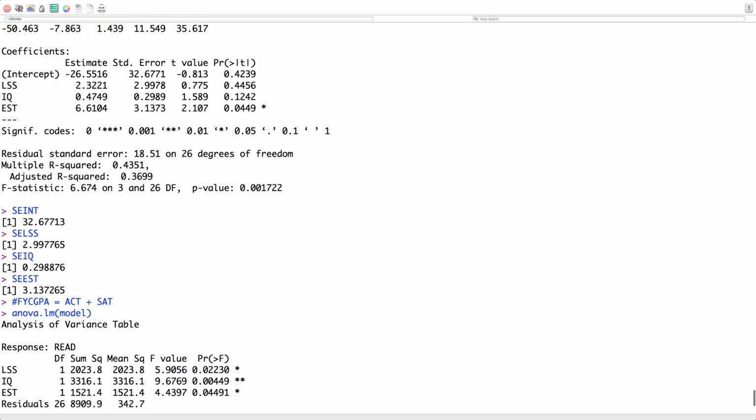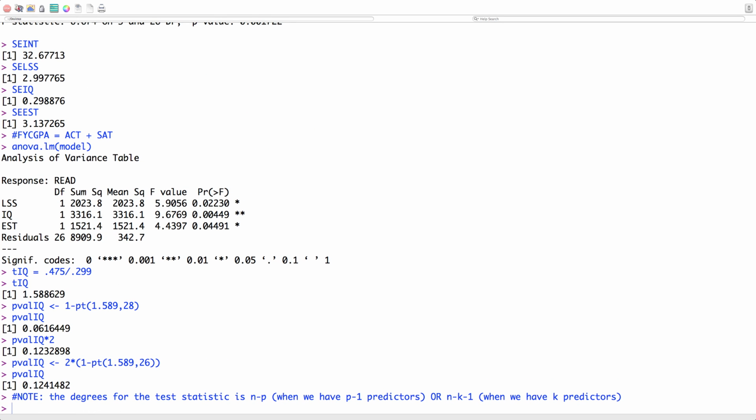We've looked at the inference. So the next thing I want to do is look at the estimate of the mean response.